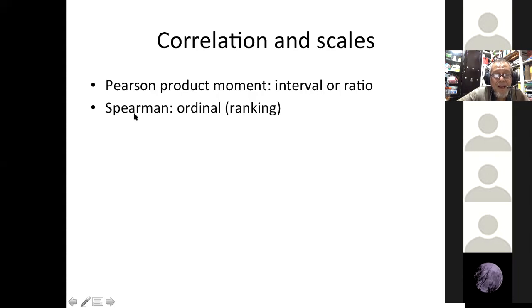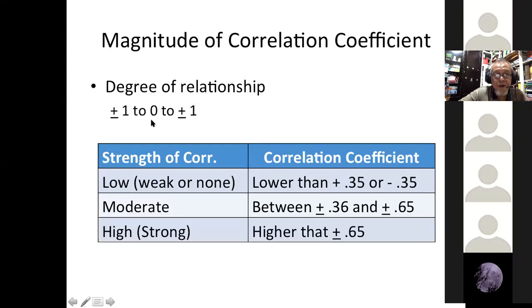So we will do exercise on this. Only two. Depending on the type of scale of the data, we choose the appropriate correlational statistic tool. Once again, when the data are interval or ratio, use Pearson product moment correlation. When the data are ordinal, use Spearman rho.